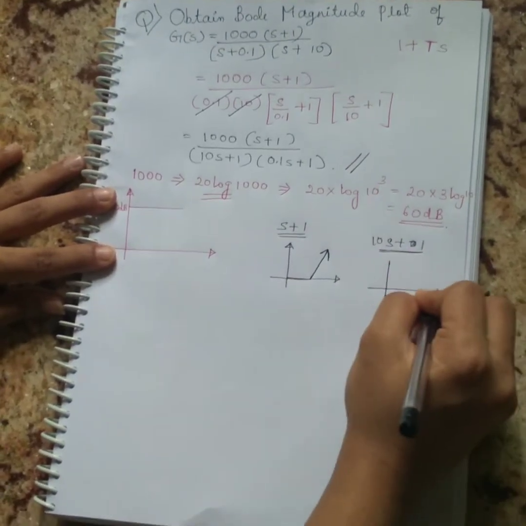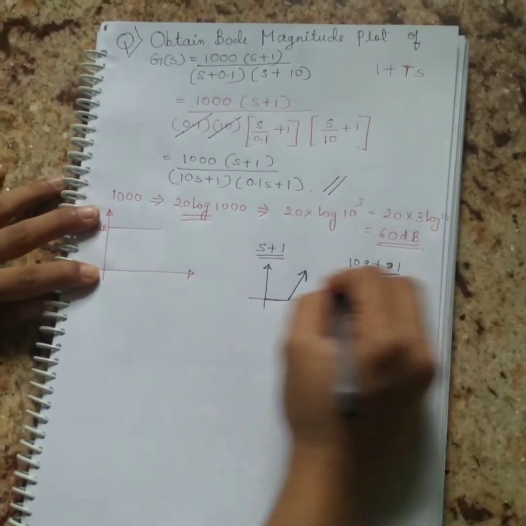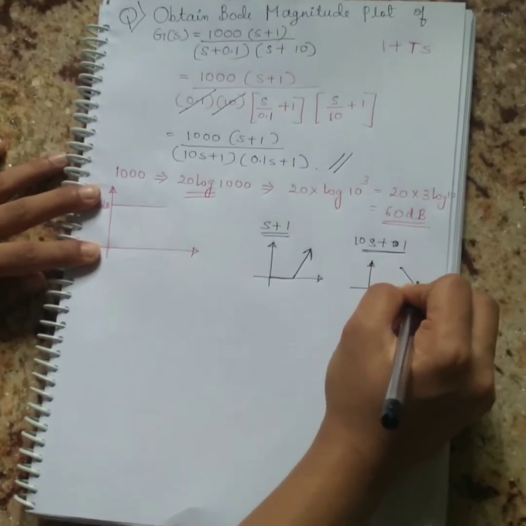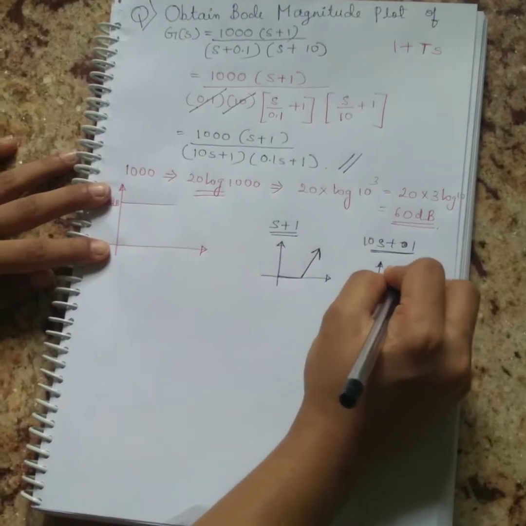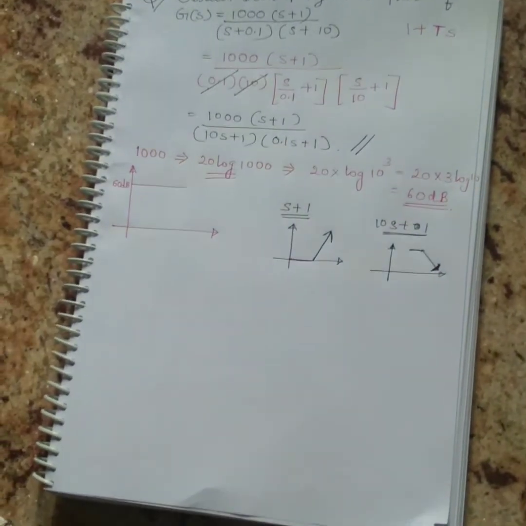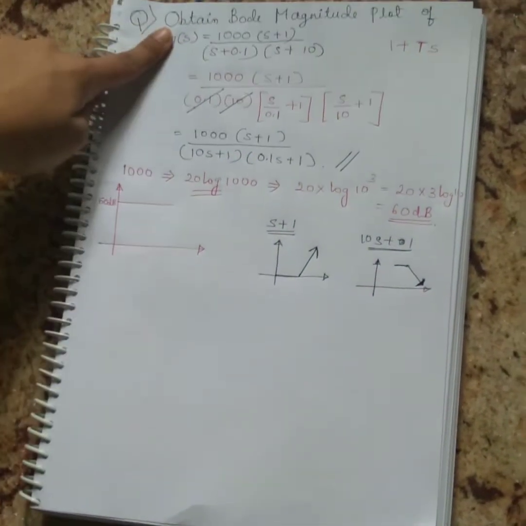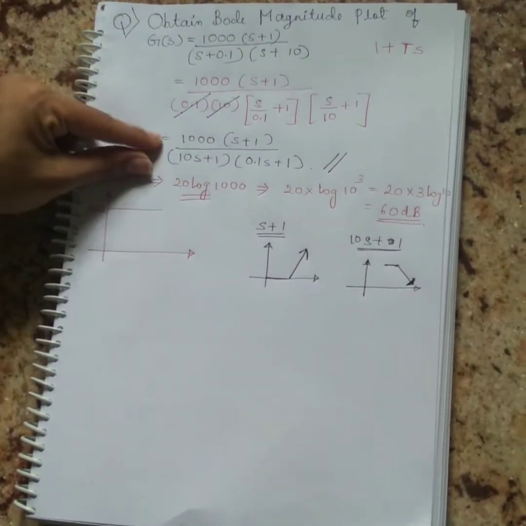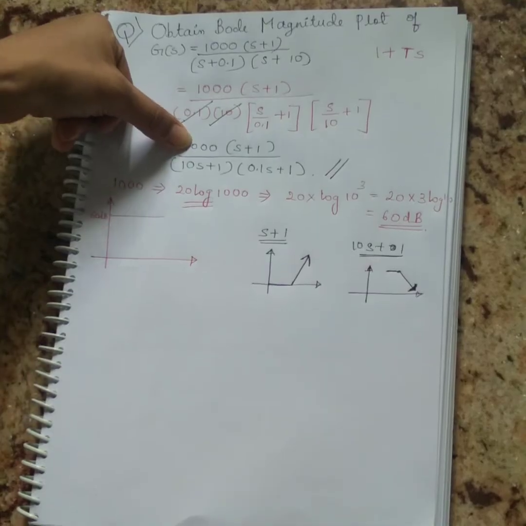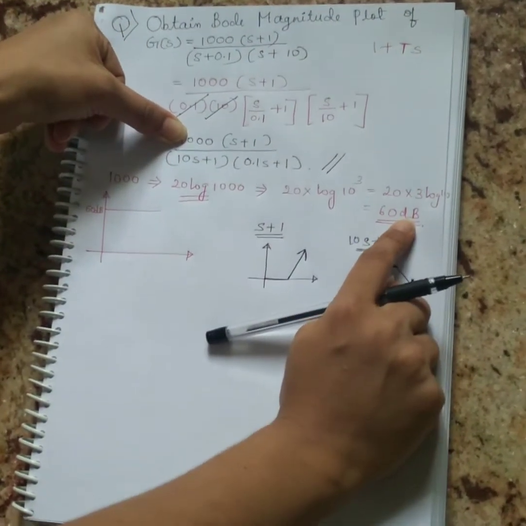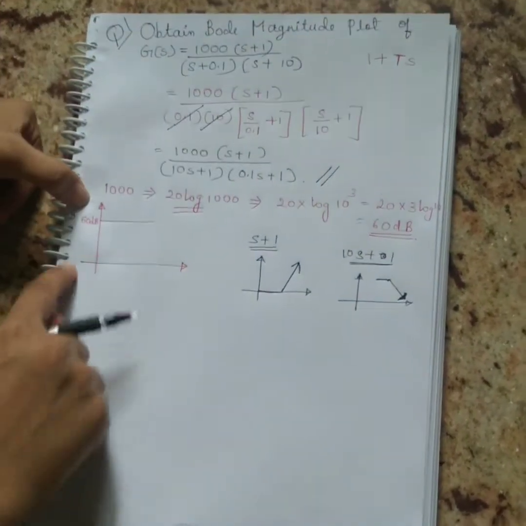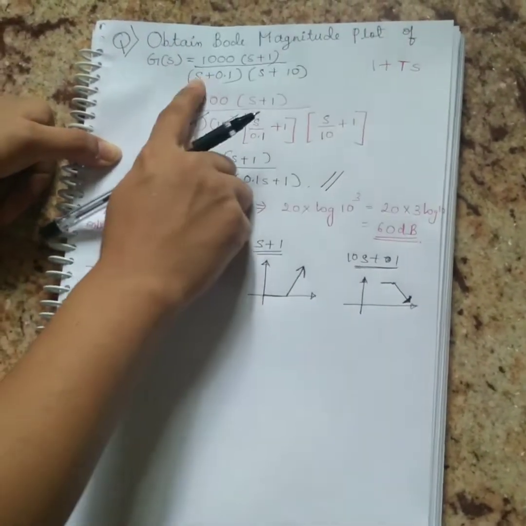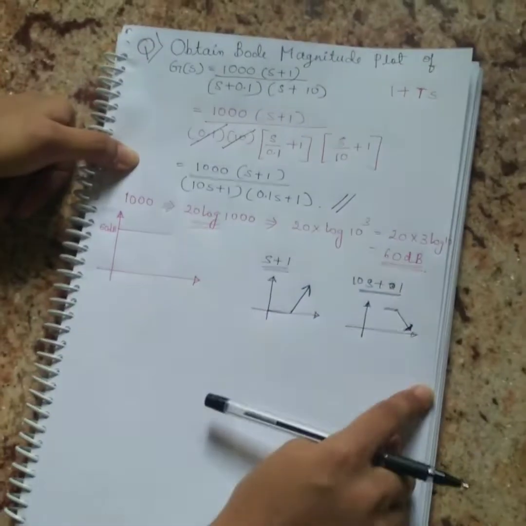A pole part will always move downward. Okay. So whatever I have told, I'll just summarize it again. For the Bode plot, we have to consider this in the time constant form. If there is a magnitude, convert it into decibels form. Then mark the decibels. And if there are zeros, we have to move upward, and if there are poles, we have to move downward.